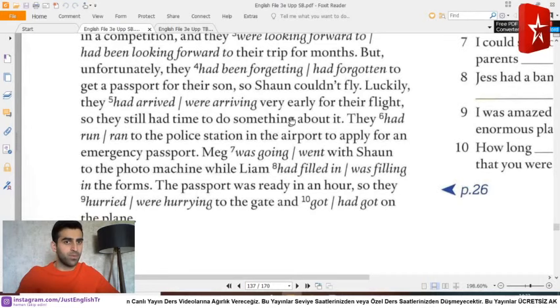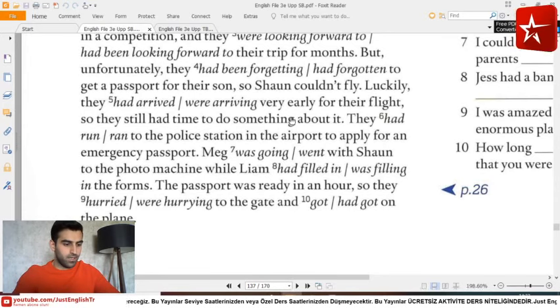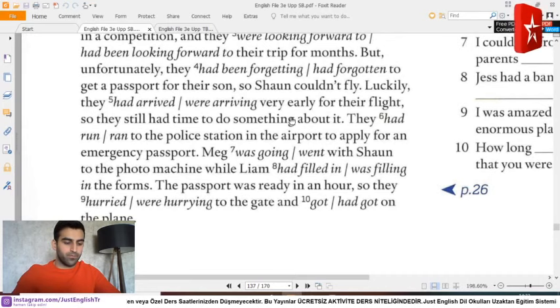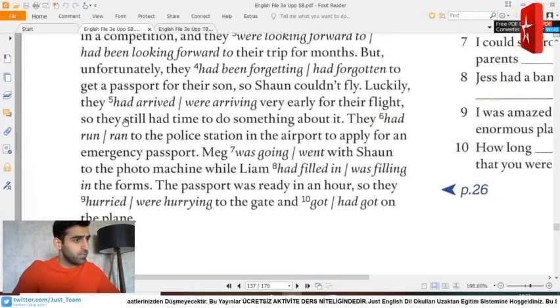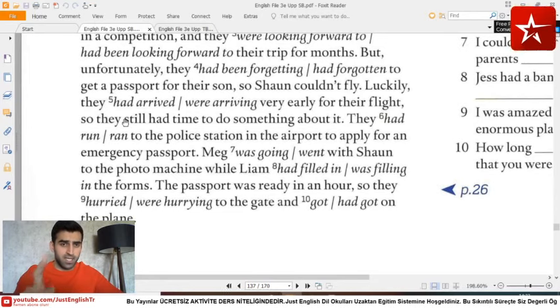Had arrived, past perfect, or past continuous? I am waiting for your answers for number 5. Let me check the students' answers. They say had arrived. The correct answer is had arrived.